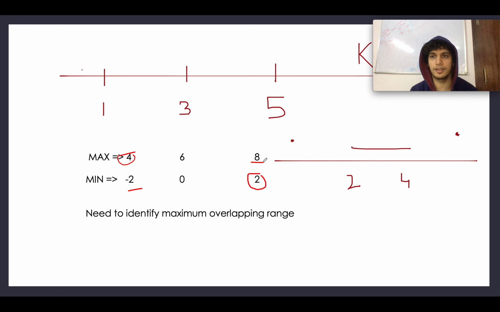The algorithm says that you need to identify the smallest difference between the maximum and the minimum element. Hence you will always be inclined towards finding the minimum. For that you will try and find the maximum overlapping range. In this case 2 comma 4 would be the maximum overlapping range for you.